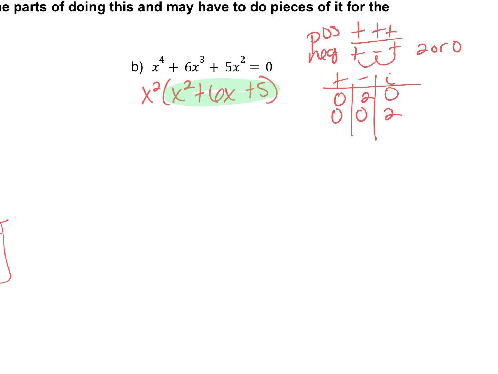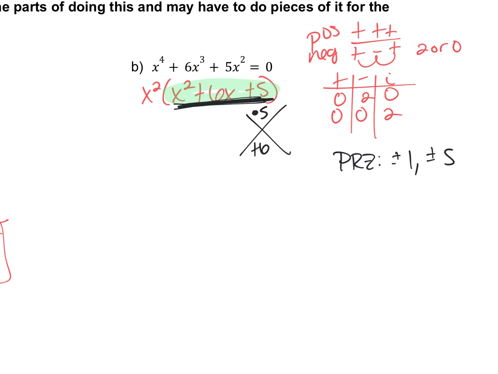All right, so now let's do the PRZs. After I do this, I'll show you why. So it's plus or minus 1, plus or minus 5. Here's the thing that I'm kind of rolling my eyes about. This right here is just an easily factored trinomial. What multiplies to be 5 and adds to be 6? 5 and 1.